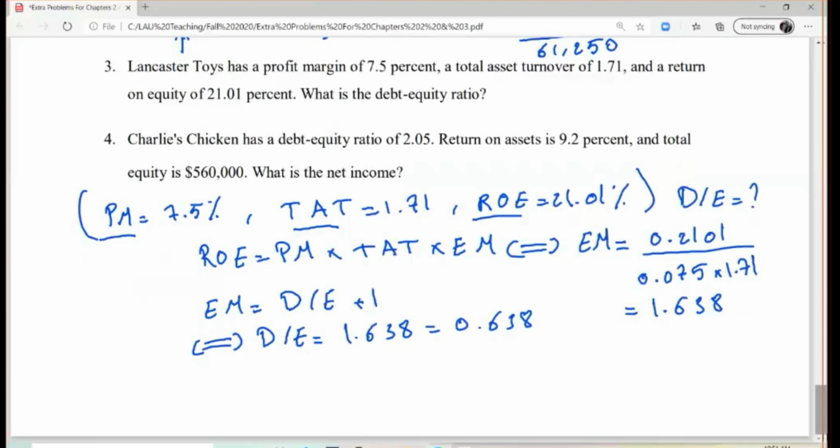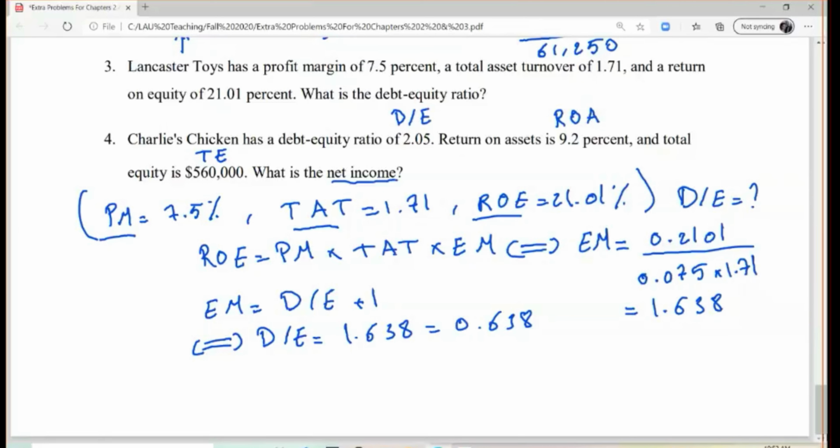Now for the last problem 4, I have debt to equity ratio of 2.05, return on assets is 9.2%, and total equity is $560,000. I need to find the net income. Now, based on the information that I have, return on assets equals net income divided by total assets.